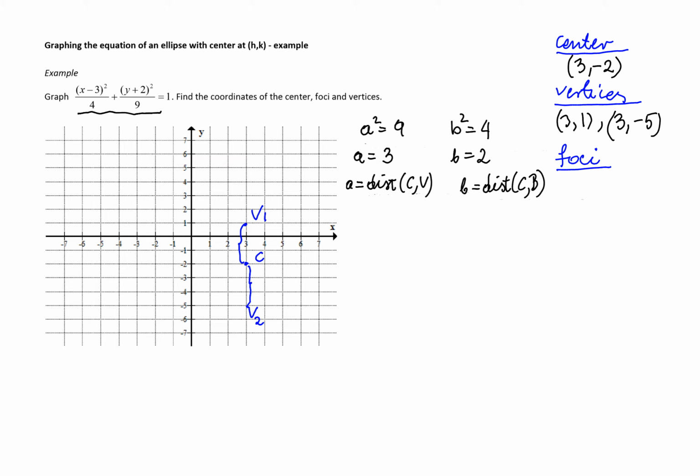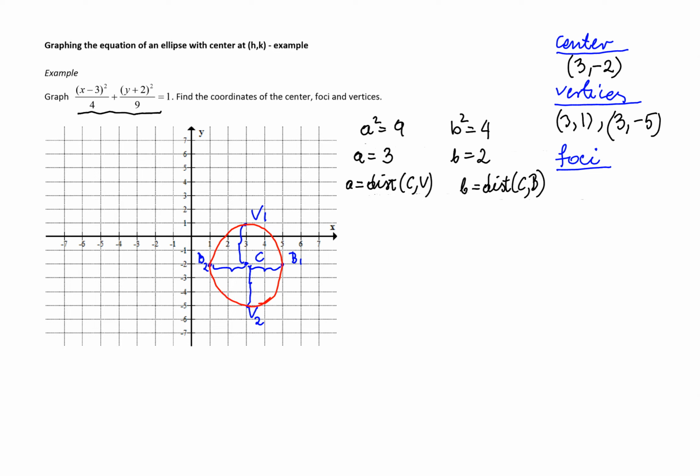And since b is the distance between the center and the endpoint and b is equal to 2, we'll go 2 units to the right to get one of the endpoints and 2 units to the left to get the other endpoint. And once we have those 4 points, we are ready to draw the ellipse. We'll draw the oval shape going through those 4 points.